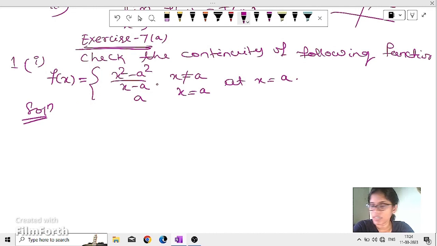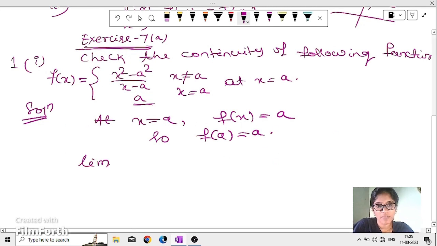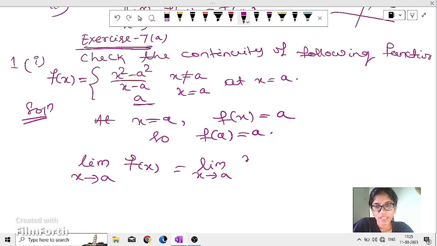First, the function has a definite value at x equal to a, so f of a is equal to a. That means the function value exists. Then the limiting value: limit x tends to a f of x, which equals limit x tends to a x square minus a square by x minus a.